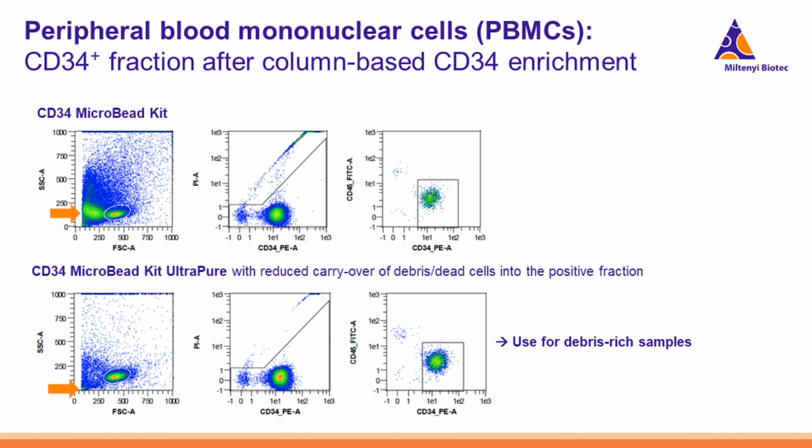The comparison of the forward to side scatter plot demonstrates that the classic method, the CD34 microbead kit, cannot avoid the carryover of dead cells or debris when these are present in the original sample in large amounts. The special formulation of the CD34 microbead kit UltraPure, however, avoids this debris carryover and results in a much cleaner fraction after separation, as you see here on the bottom.